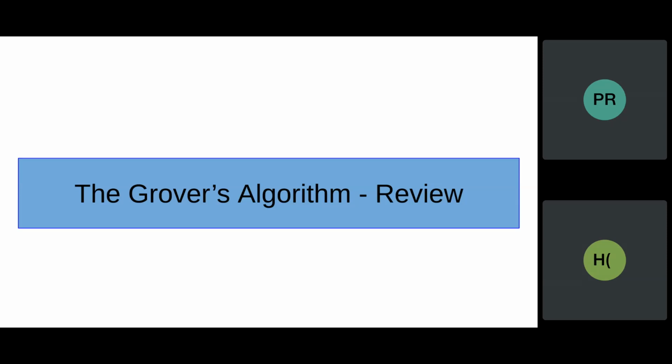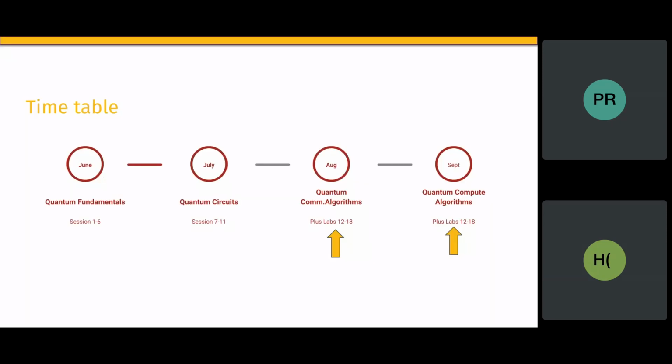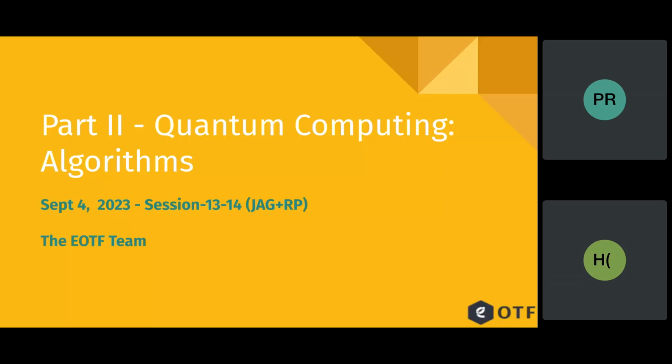Grover's algorithm review. So what we did last time, we know that this is the September 4 session. I have to call it 13-14, because on the 13th we had left part of it, and this is Labor Day.